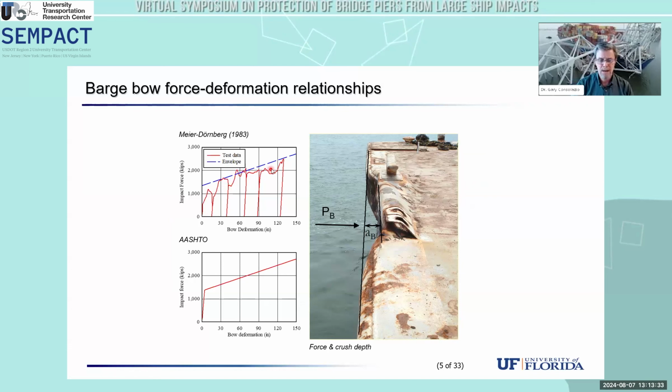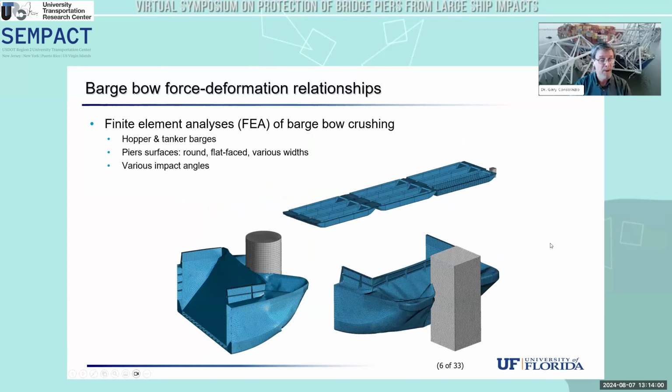You can see the data here. The development of the AASHTO curve included fitting a reasonable approximation of that relationship, and then adding to that an elastic portion of the curve. So the AASHTO force deformation curve is elastic up to a transition point, and then plastic with hardening. Okay, and so you see a photograph of typical crush depth here. This is actually from our St. George Island barge impact testing, which I'll show in a moment.